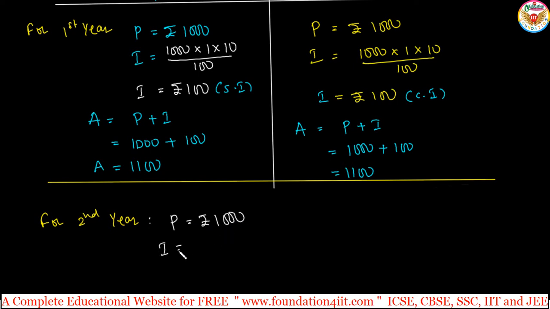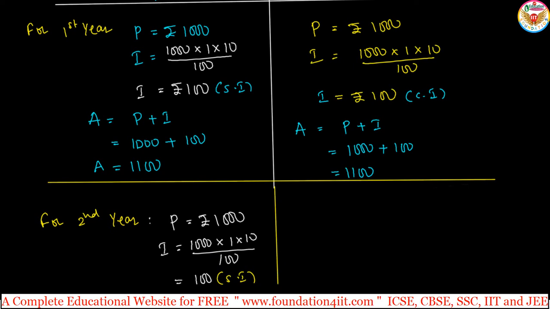Same I is 1000 into 1 into 10 by 100. Don't take the number 2, it is 3 years in total. So 1 year for the second year as well, same 10 by 100. So this is also 100. Simple interest is 100 now. Now you can see the difference on this side.